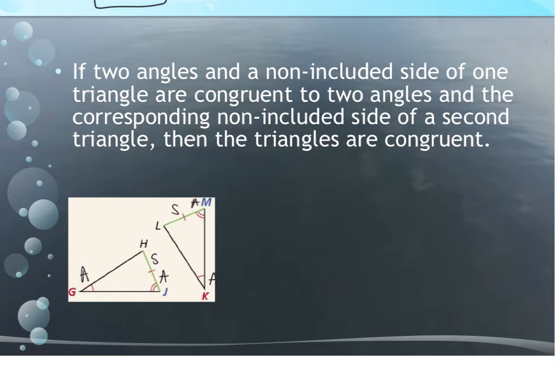So one thing I want you guys to notice: if you're ever given two angles and a side, doesn't matter which one, they're always going to be congruent triangles, okay? Now, the reason is because we can either apply AAS or ASA to any of those combinations, right? So if you're ever given, let's write that down.